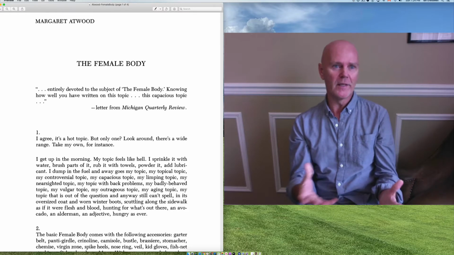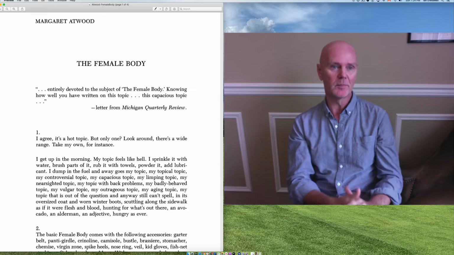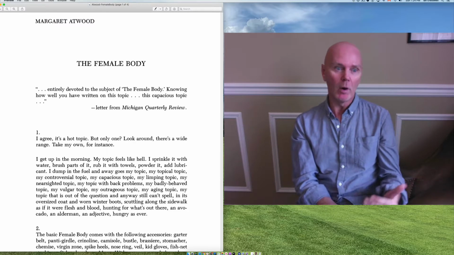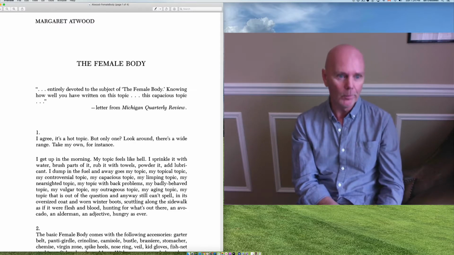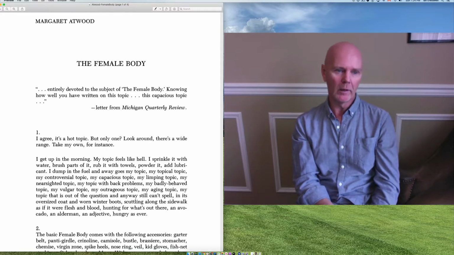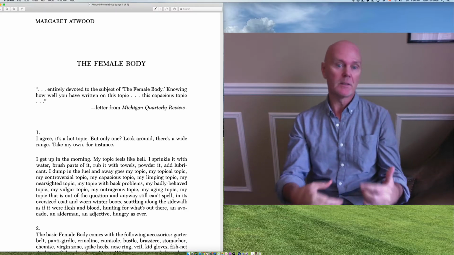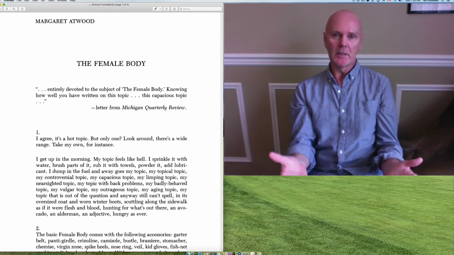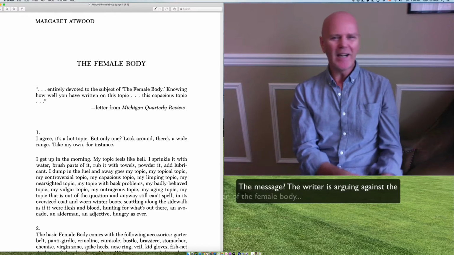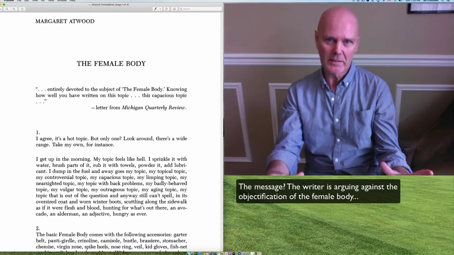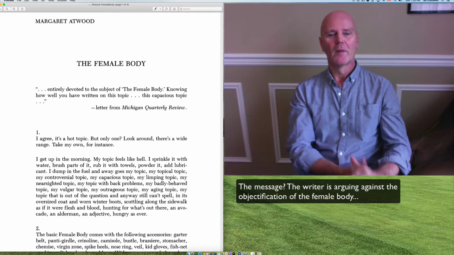I mean, there are different ways of saying it or writing it, but I think Atwood here is complaining about or arguing against the objectification of the female body, the way that women are represented, misrepresented, perceived by men and by society at large. Anything along those lines and you've got yourself a message, all right?